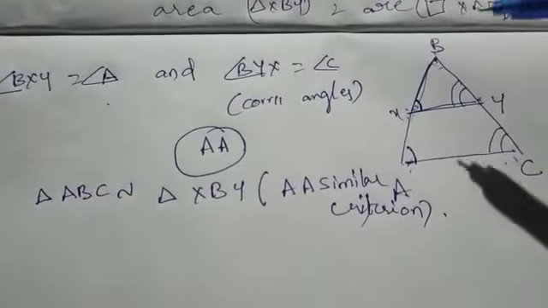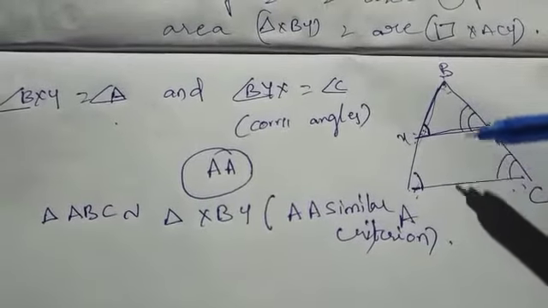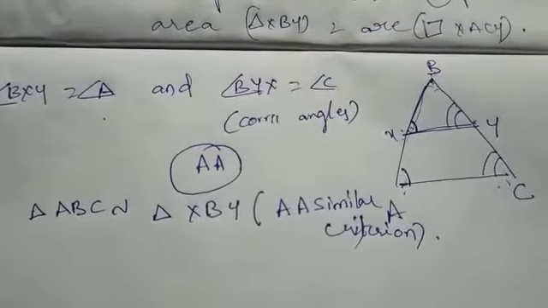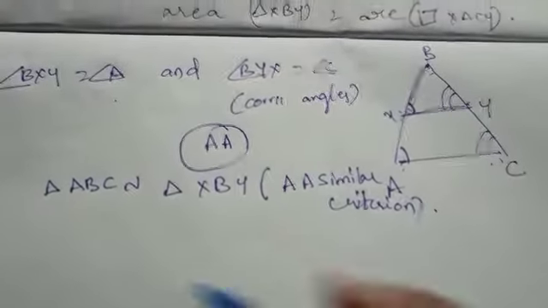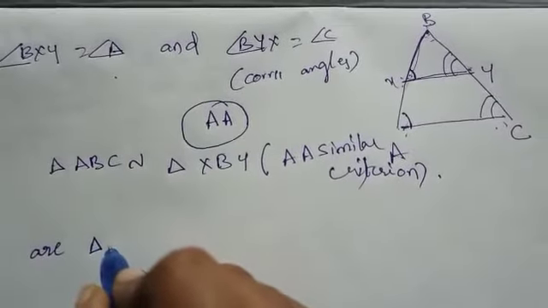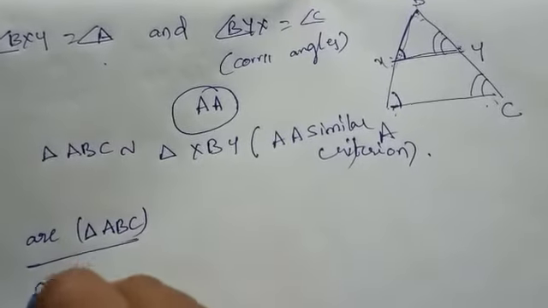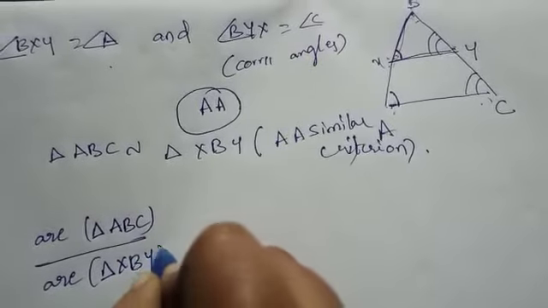So the ratio of areas of these two triangles is equal to the square of the ratio of the corresponding sides. Okay. According to theorem 6.6, area of the bigger triangle ABC by area of triangle XBY. Okay.